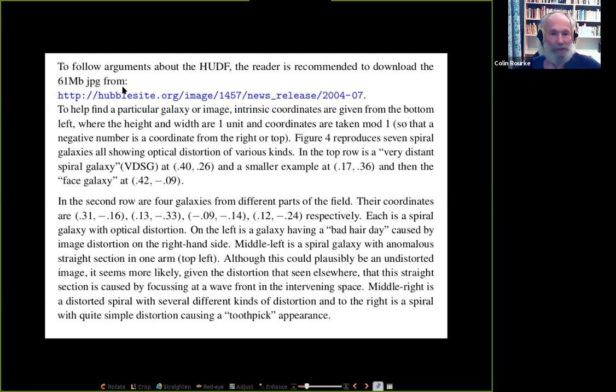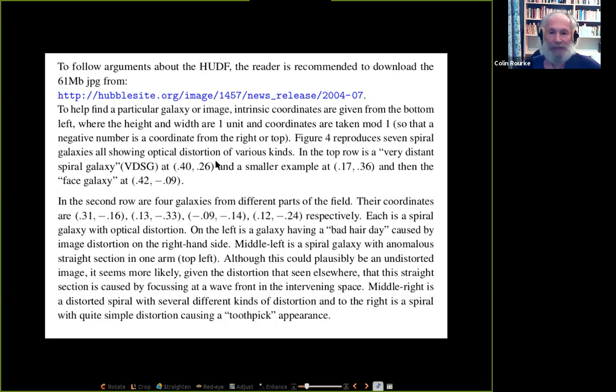There's a link here. You can just download from this site, and you want to take the biggest one, the 61 megabyte JPEG. That's what we were just looking at. When I tell you something from the field, I'm going to give it intrinsic coordinates.